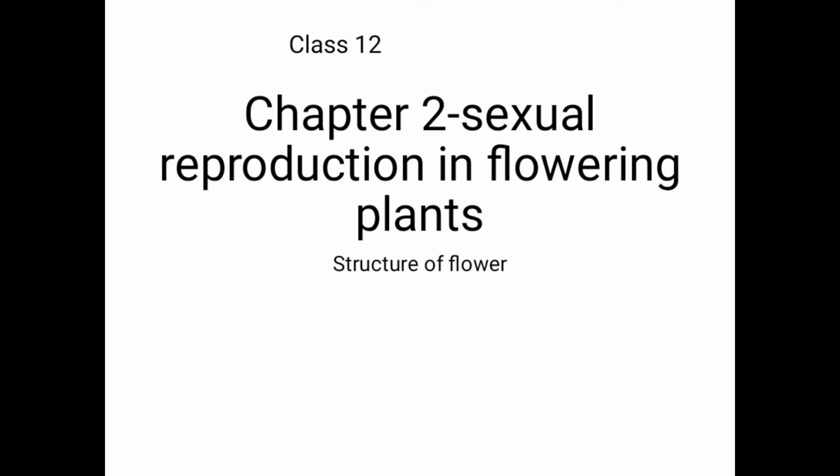As you know, what are the parts of the flower? You have learned it in the lower classes, isn't it? This is the thalamus region, where various whorls are organized around this cone shaped structure.